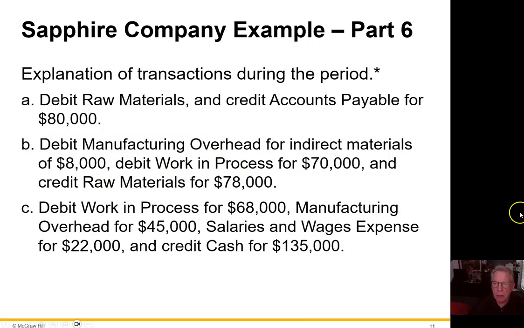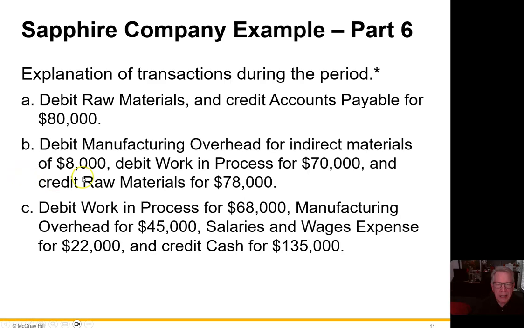All right, so let's look at this in a little more depth. The explanation of transactions during the period. For Alpha, we debited raw materials and credited accounts payable. Pretty straightforward journal entry there. For manufacturing overhead, for indirect materials, we brought that in. Indirect materials is an overhead account.